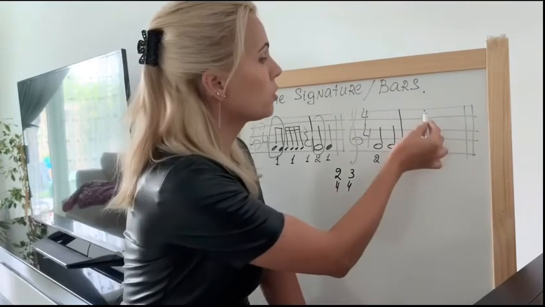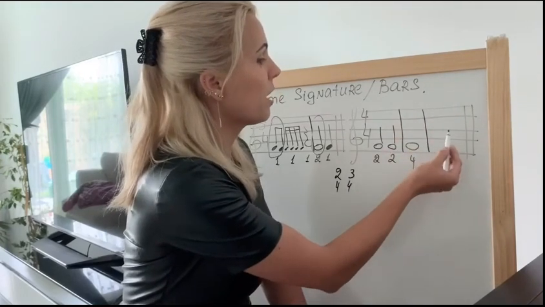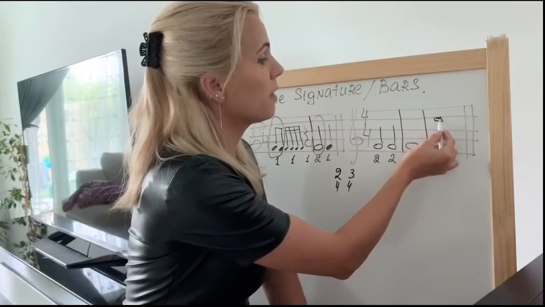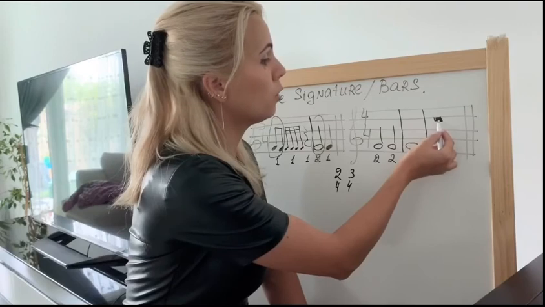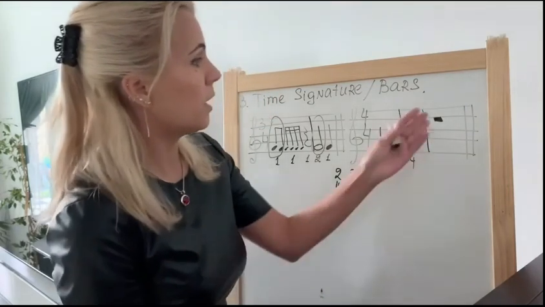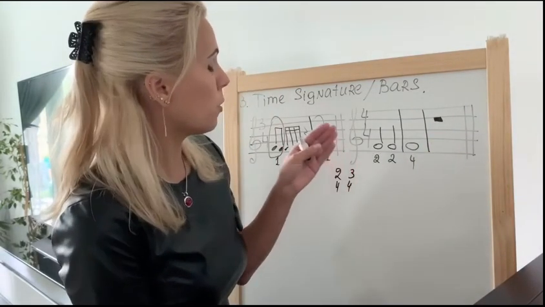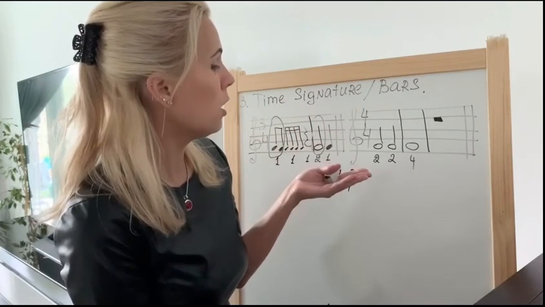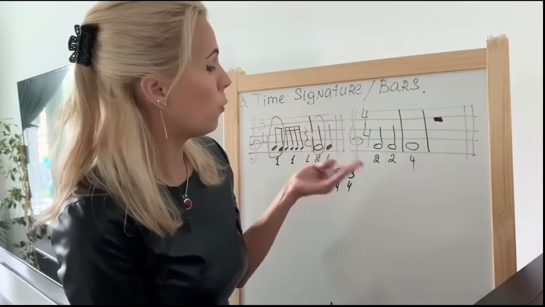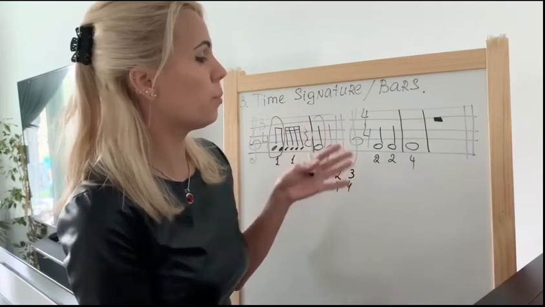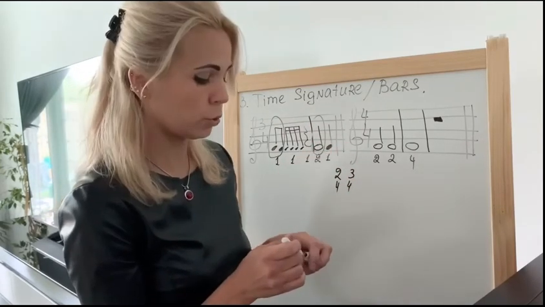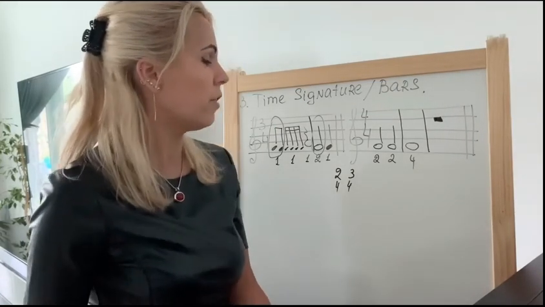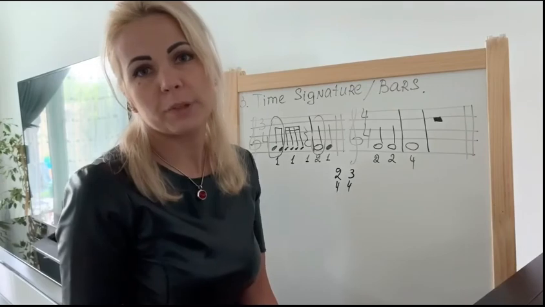That is your 4 beats, or you can have a bar with a whole rest, and that also can make a whole bar because it has 4 beats. So basically time signature 4/4 has 4 beats in a bar. So your melody will be split into even chunks, and each bar will have 4 beats in it.